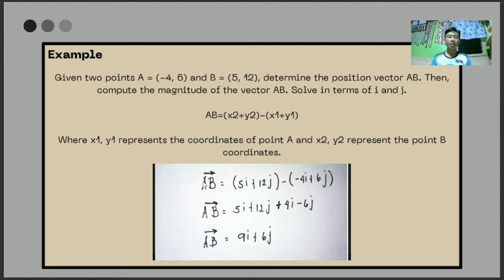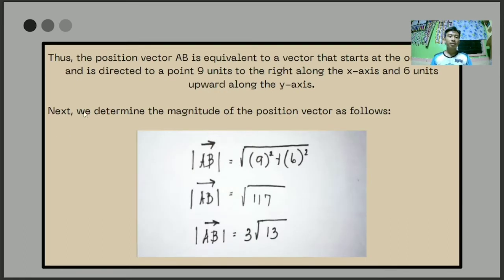And then, we're told to solve for its magnitude. Thus, the position vector AB is equivalent to a vector that starts at the origin and is directed to a point 9 units to the right along the x-axis and 6 units upward along the y-axis.